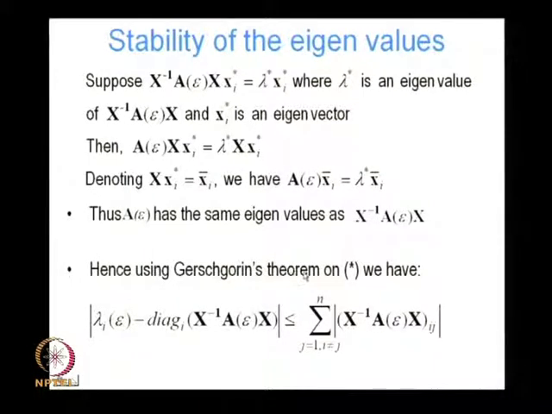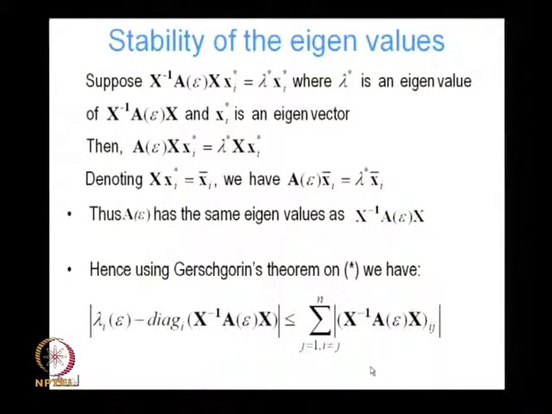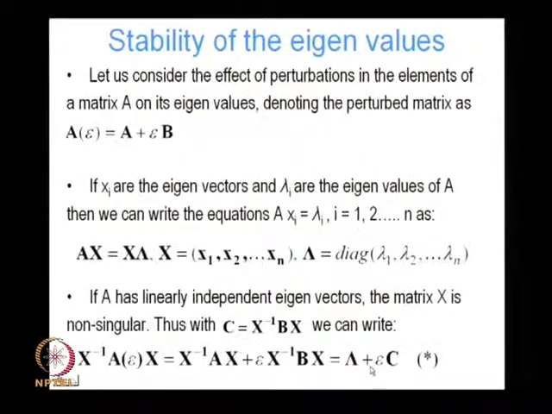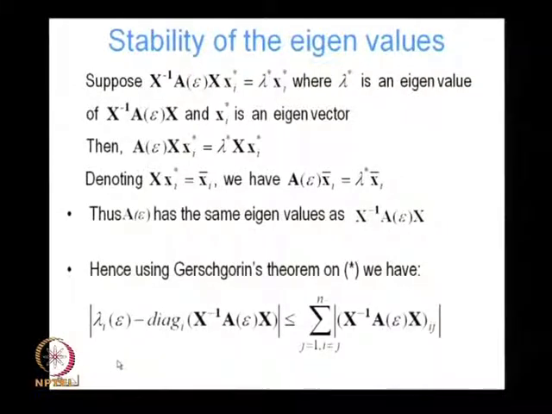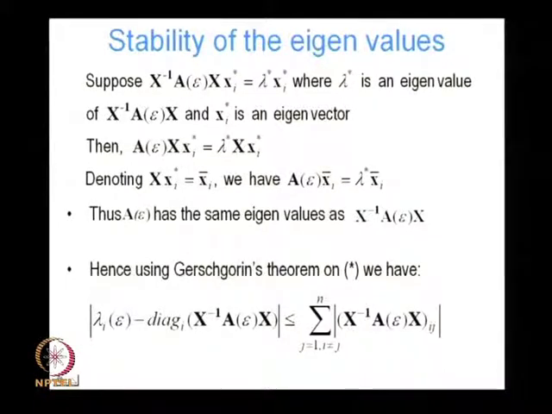Hence, basically I am going to use Gershgorin's theorem on this equation. And what does Gershgorin's theorem tell us? It tells us that the eigenvalues of this matrix satisfy this bound: lambda i minus the diagonal element of this matrix must be less than or equal to the sum of the off diagonal terms.